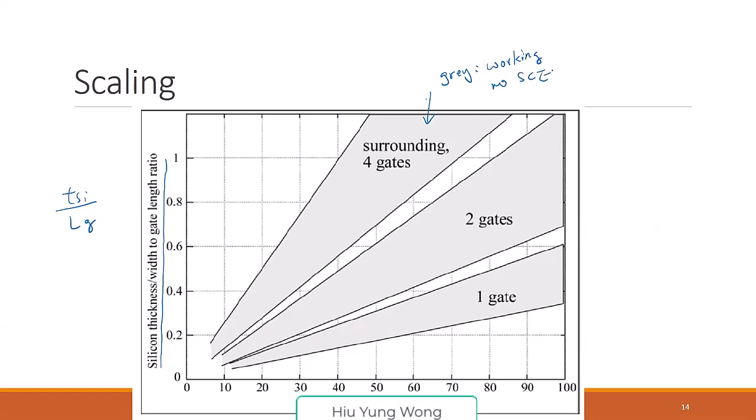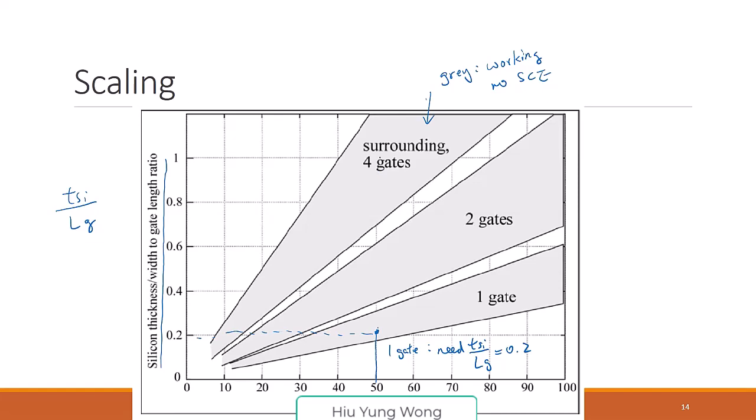Okay, if you have a single gate, for example, if I want to scale to 50 nanometer, for one gate, which is the bulk, it means I need TSI divided by LG equal to 0.2. So I need to make TSI pretty thin.